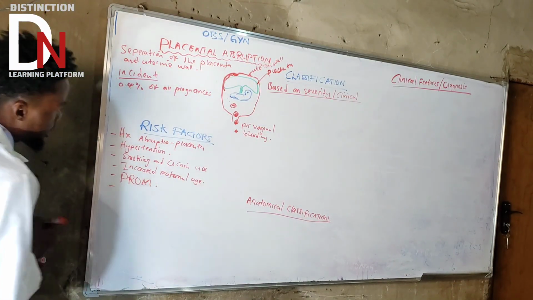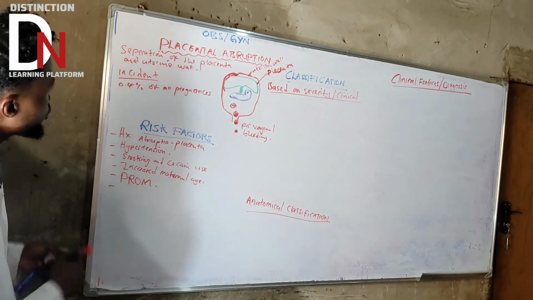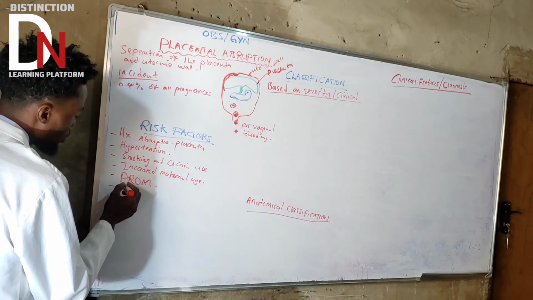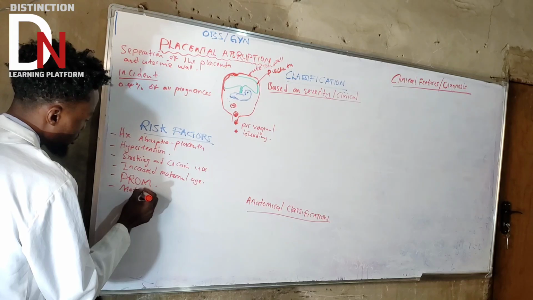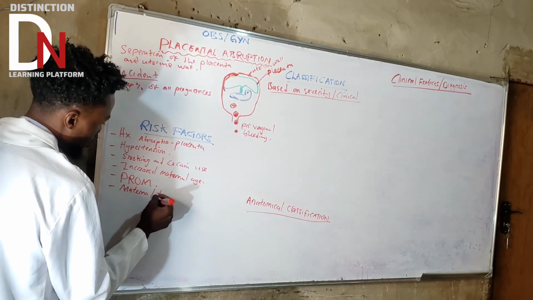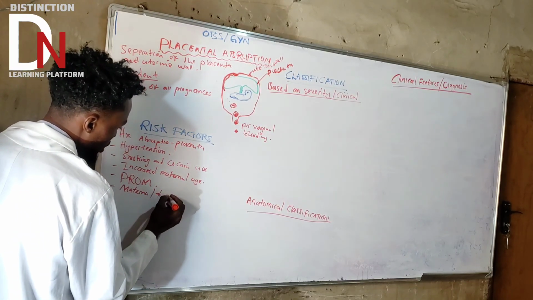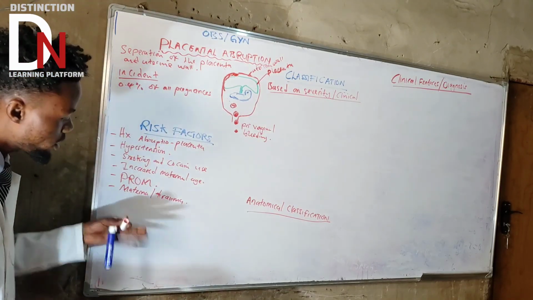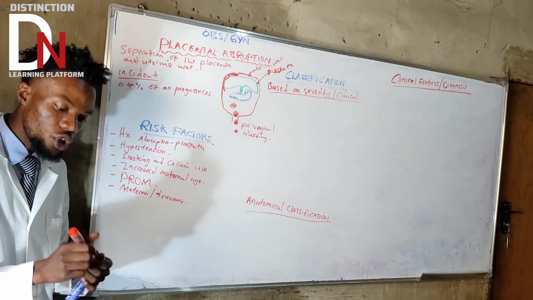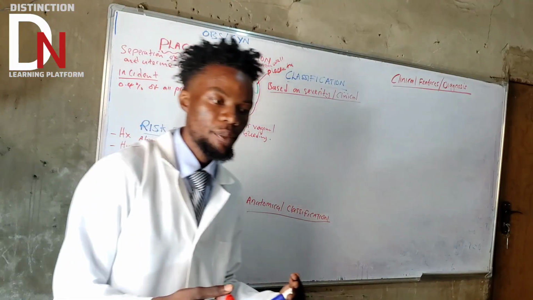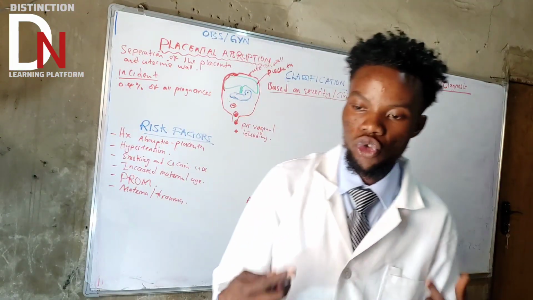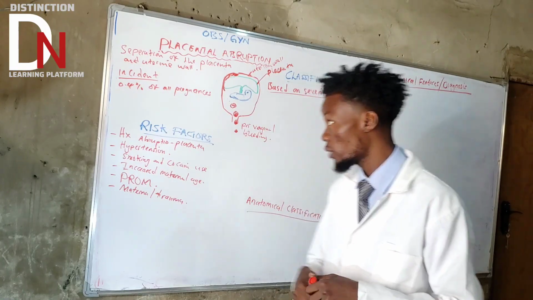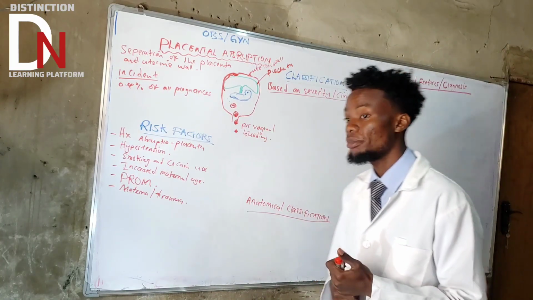Okay, let's talk about another one. What else can predispose someone to have abruptio placenta? Also, maternal trauma. Trauma is a very important one. Under maternal trauma, from history, you need to ask the patient if they had a history of trauma, because history of trauma is one of the risk factors or causes of placental abruption.